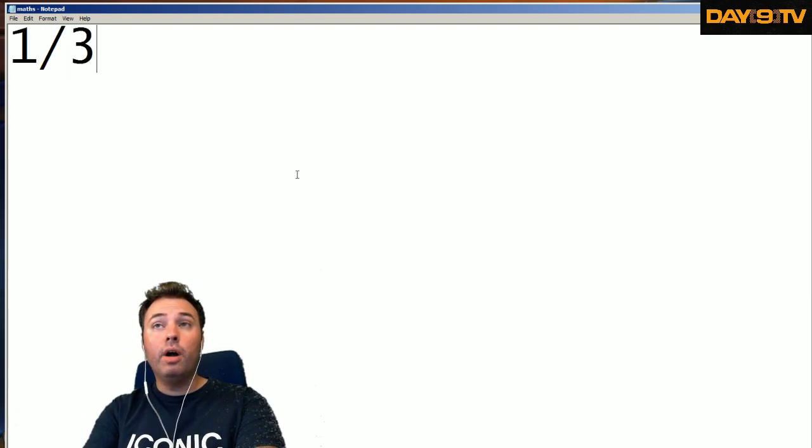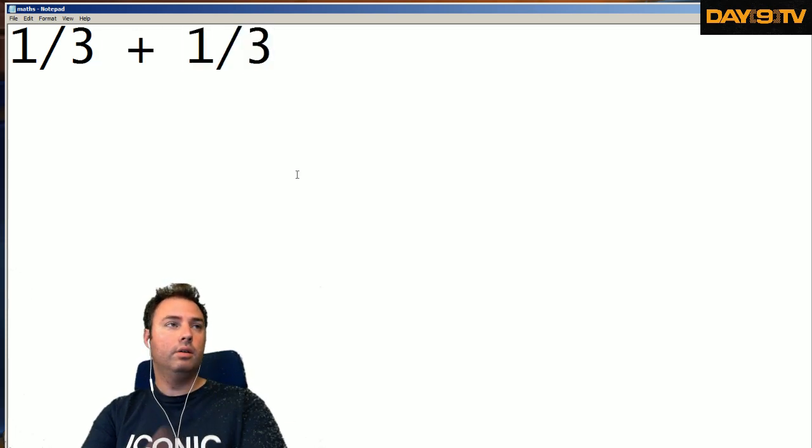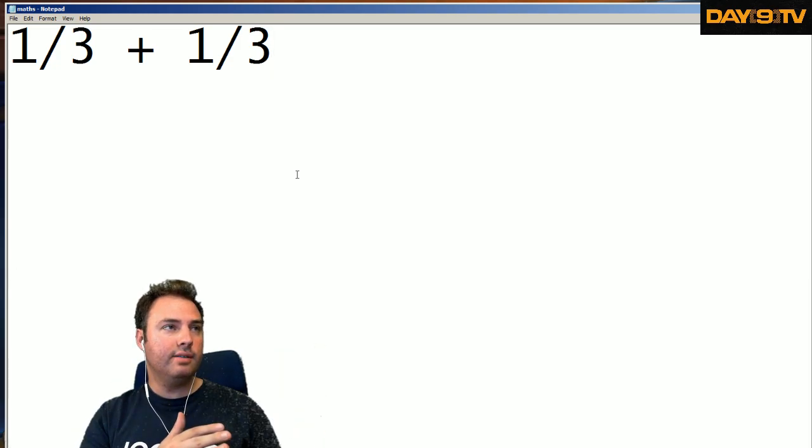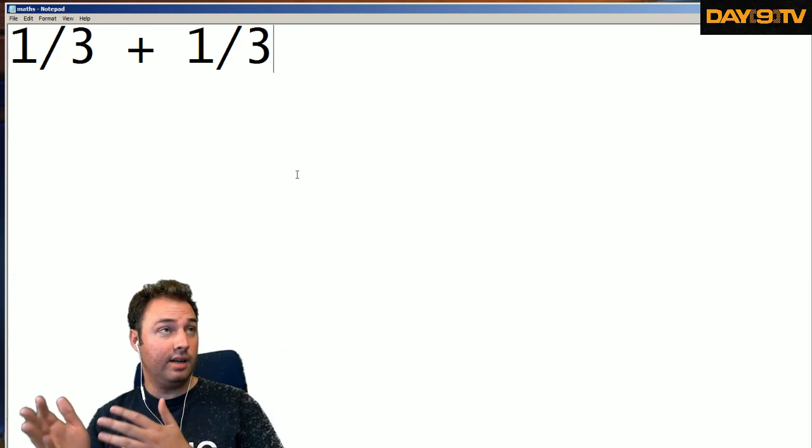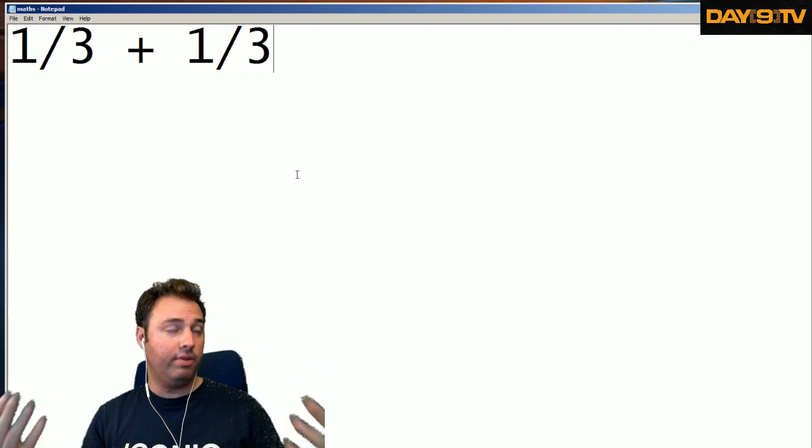What's the probability of drawing a blue card? 1 out of 3. What about drawing a blue card or a red card? There's a 1/3 chance of getting the blue card. There's a 1/3 chance of getting the green card.